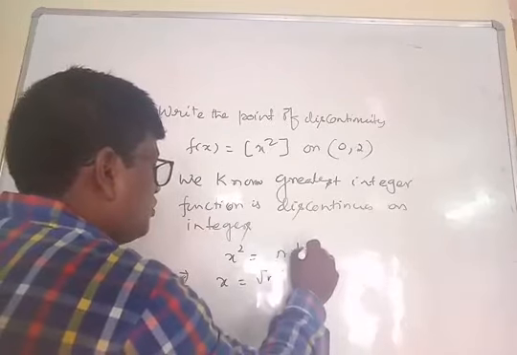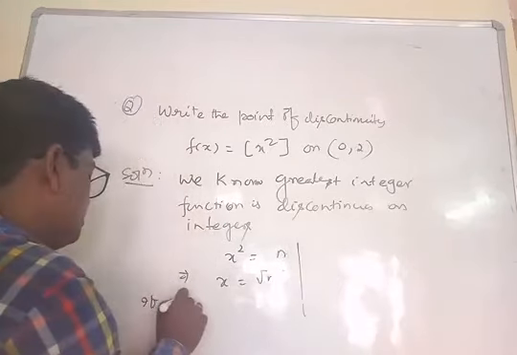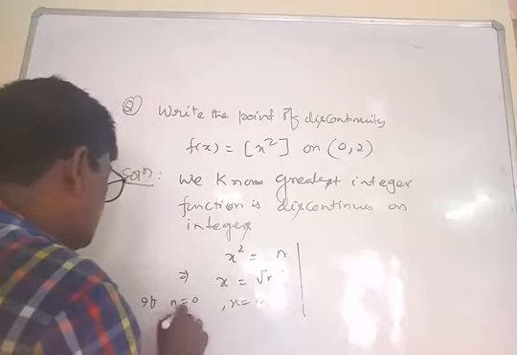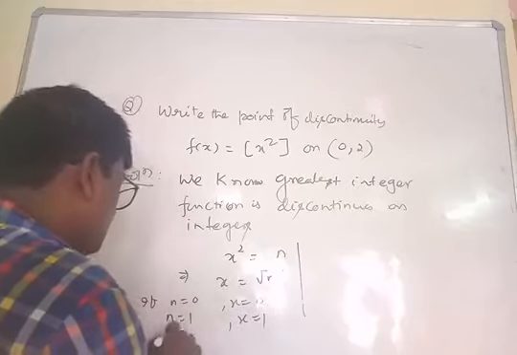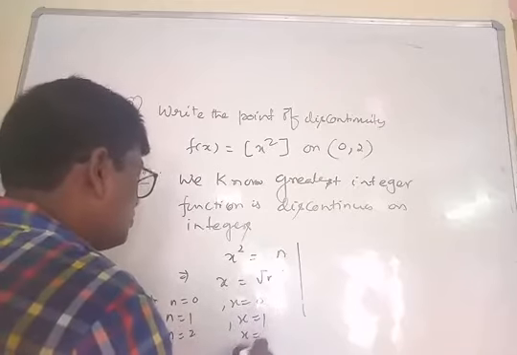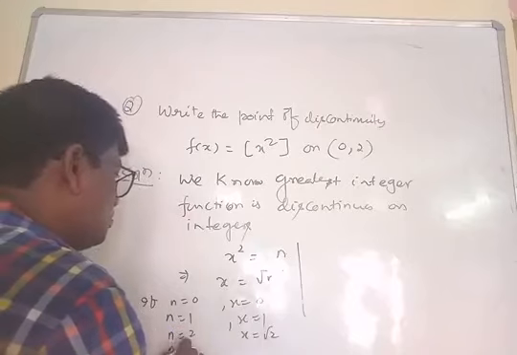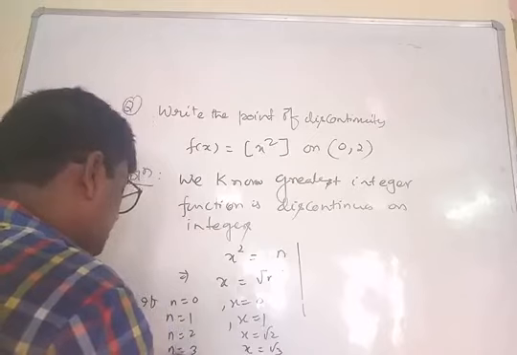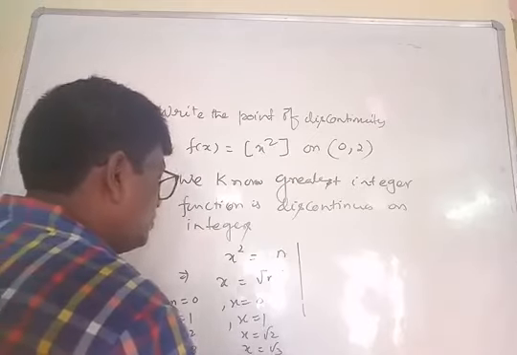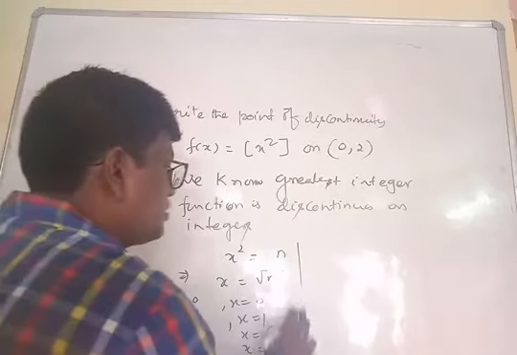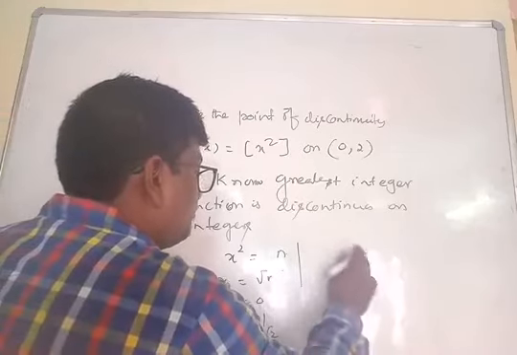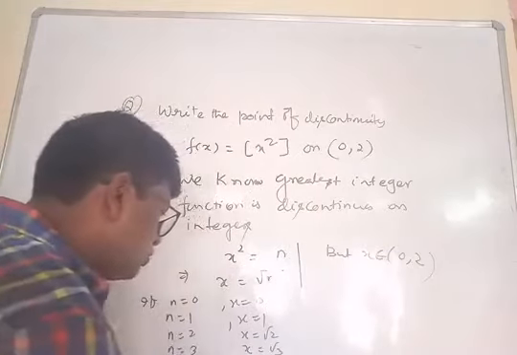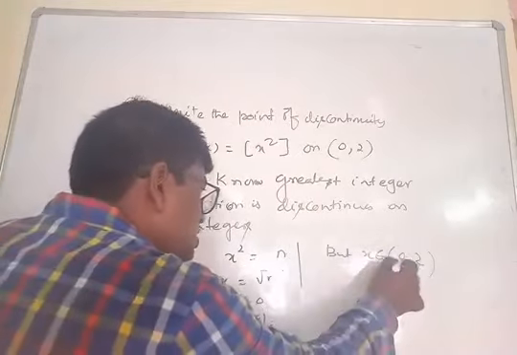If n is equal to 0, then x is equal to 0; n equal to 1, x is equal to 1; n equal to 2, x is equal to root 2; n equal to 3, x is equal to root 3; n equal to 4, x is equal to 2. But x belongs to 0 to 2, where 0 is excluded and 2 is excluded.